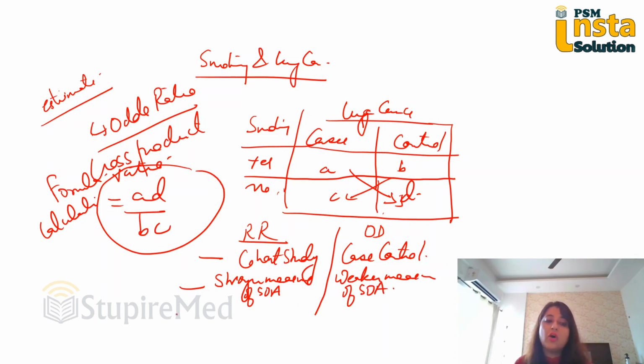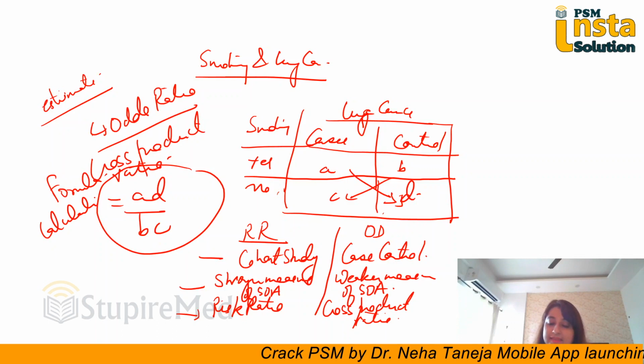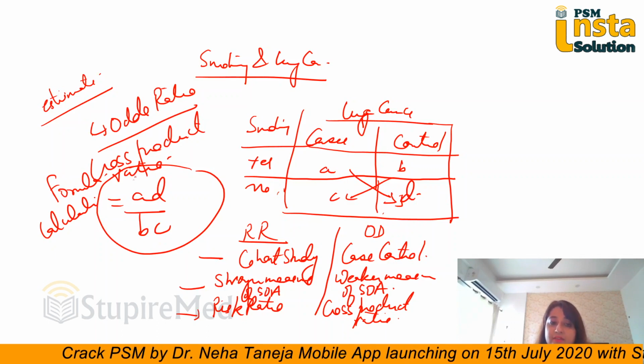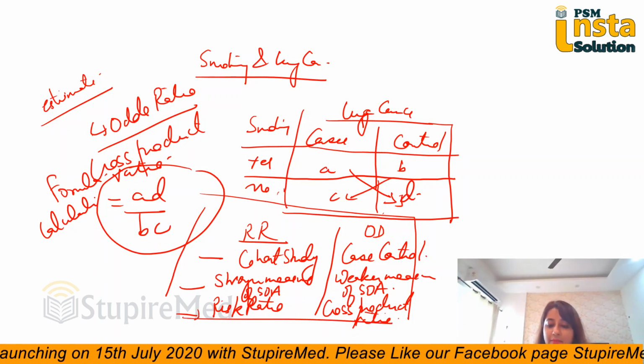All right. Also, what is the synonym for relative risk? It is risk ratio, and odds ratio is a cross product ratio. Now, why is relative risk a stronger measure of strength of association? Because it tells us about the incidence of a disease. So please try to remember these two differences also. It is very important.